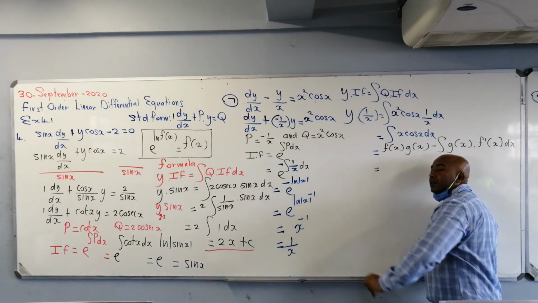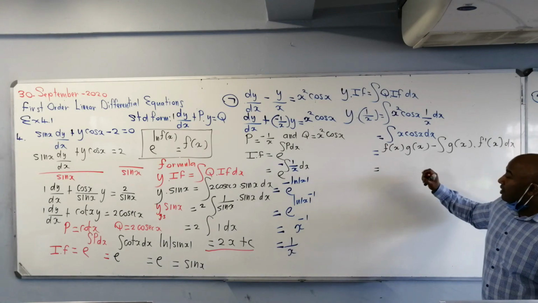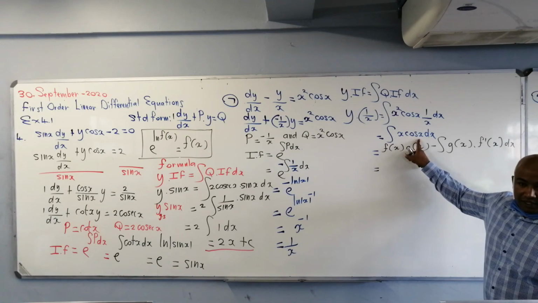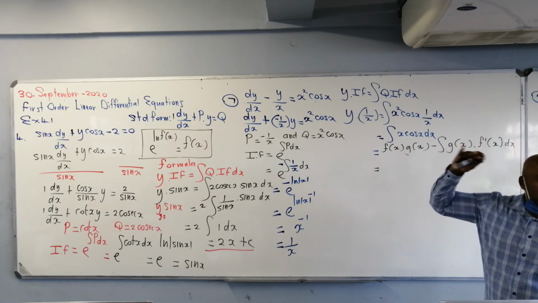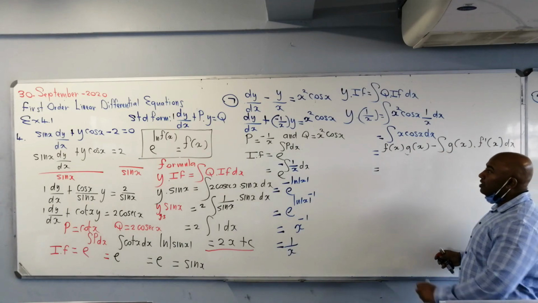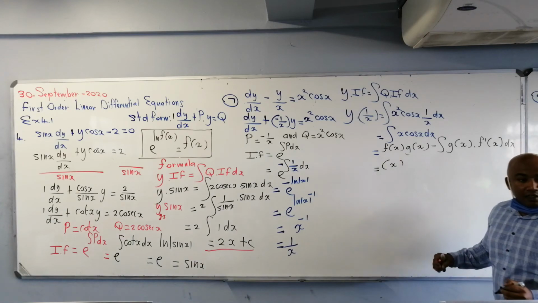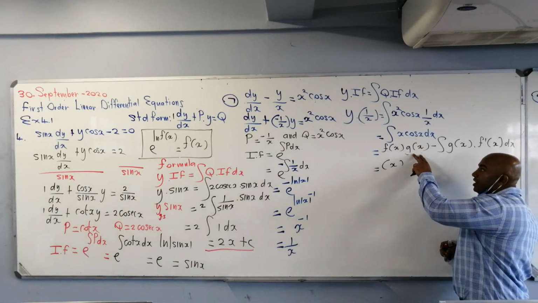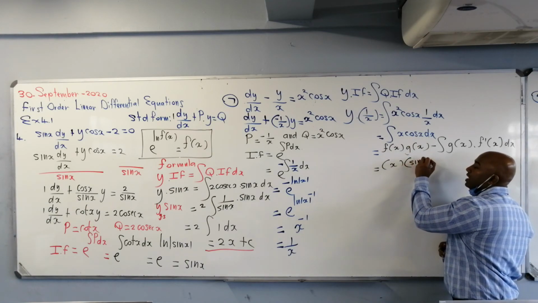So you go to your priority list. From your priority list, x is number 3 and cos is number 5. So number 3 will be higher than number 5. So f of x will be x. g prime x is cos. So g of x will be the integral of cos, which is sine.